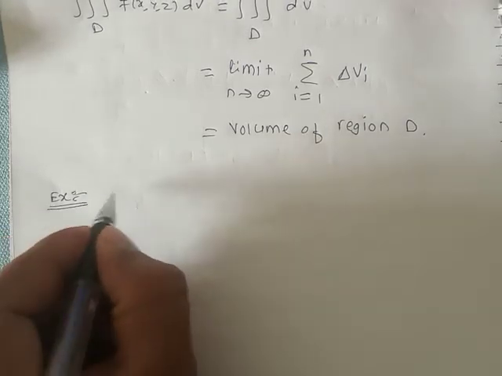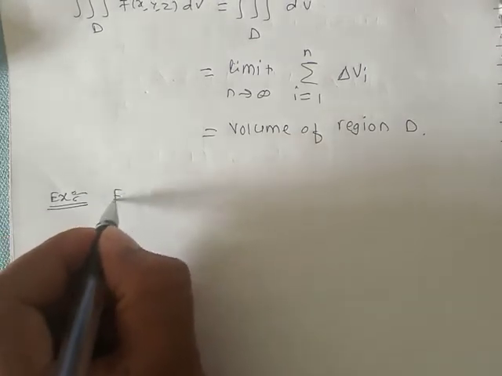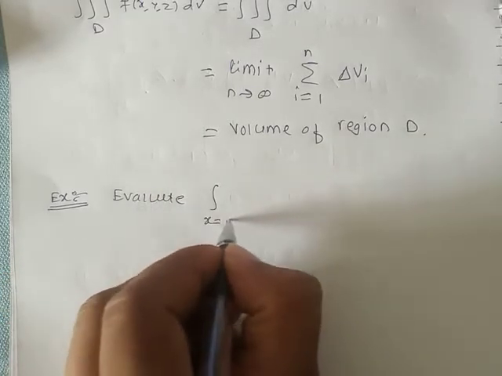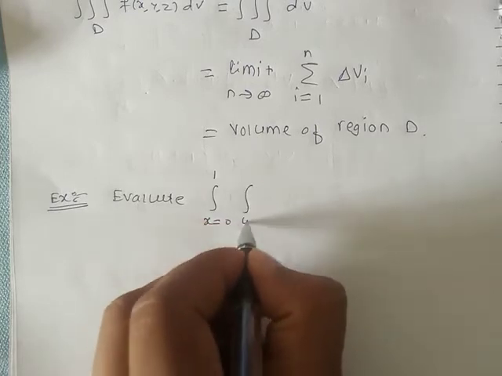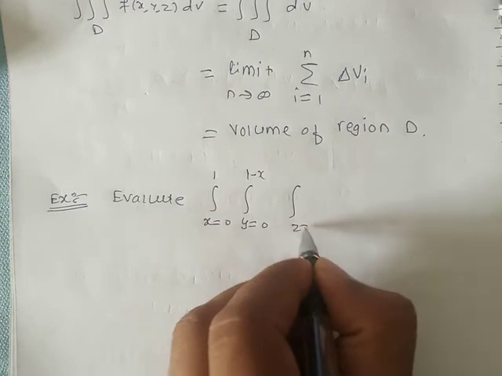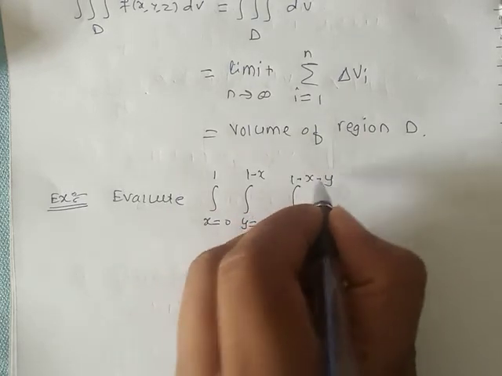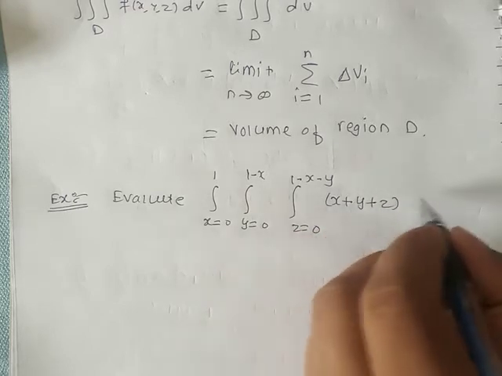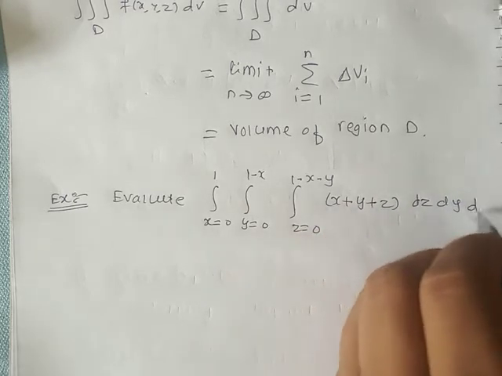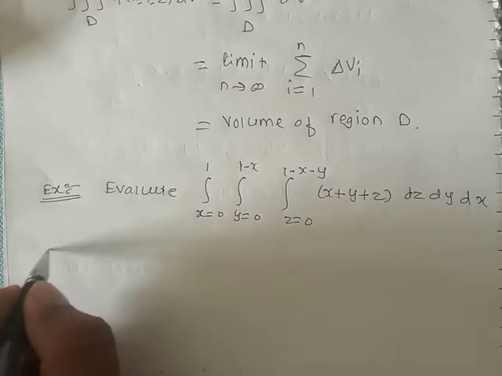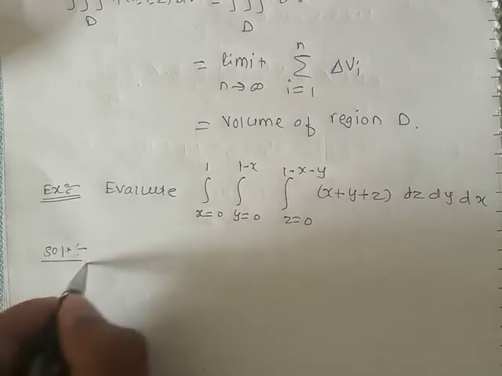तर पहिलं एक्झाम्पल, evaluate integration from x equal to 0 to 1, integration from y equal to 0 to 1 minus x, integration from z is equal to 0 to 1 minus x minus y, x plus y plus z dz dy dx. सोल्यूशन सिंपल सेम प्रोसीजर आहे.